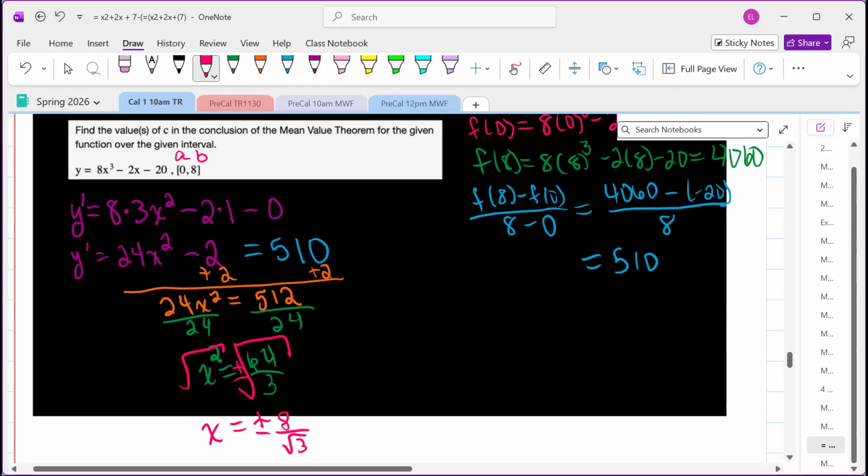Those x numbers. Now the negative number is not going to be between 0 and 8. The positive number will be. Square root of 3 is bigger than 1, so 8 divided by the square root of 3 is plus or minus 4.618802, blah, blah, blah. So it's between 0 and 8, but our answer is only going to be the positive one.